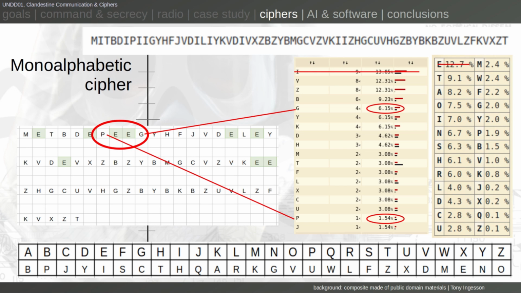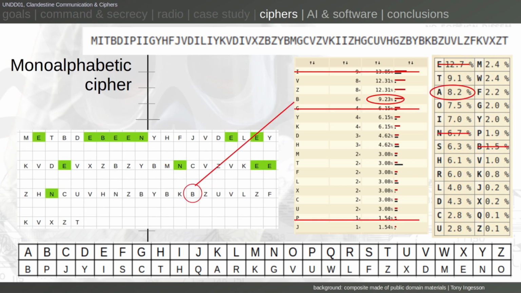So these two are quite different from each other. So what could this correspond to in terms of the real alphabet? Well, the letter B has an occurrence of 1.5%, and the letter N, respectively, has 6.7%. So as you can see, these are quite close to the frequencies in the crypto text of G and P.